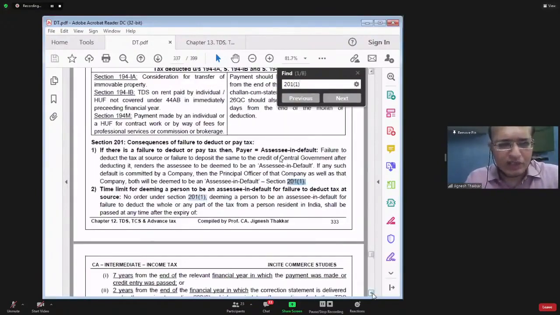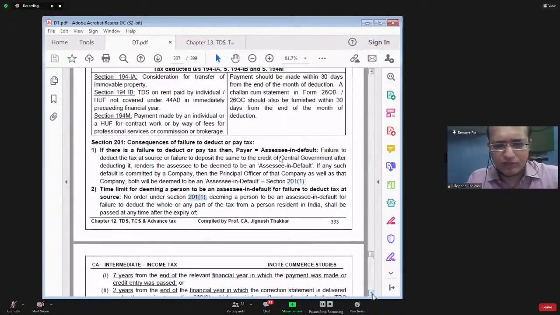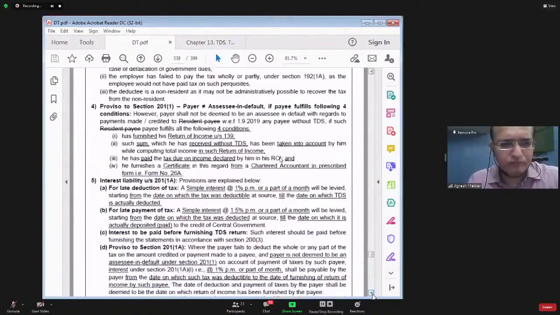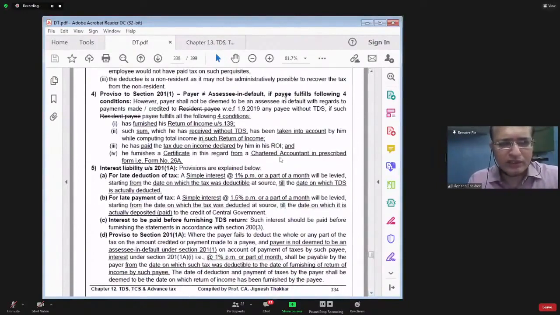The same thing is mentioned in section 201 also, 201 subsection 1 proviso. What does it say? If the following 4 conditions are fulfilled, then the payer will not be considered as assessee in default. Which are the conditions? The payee has furnished the return of income as per section 139 subsection 1.